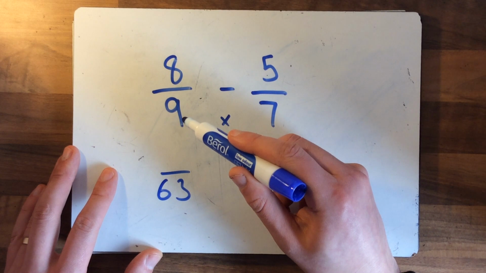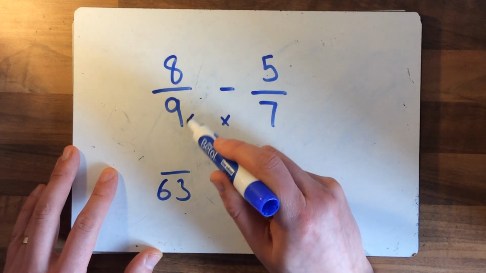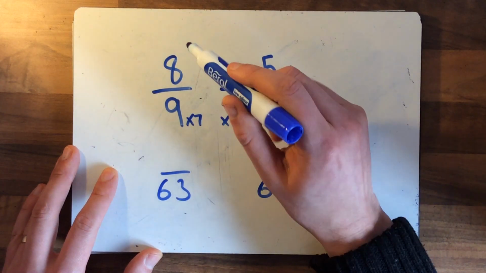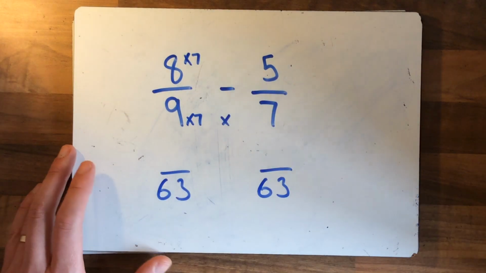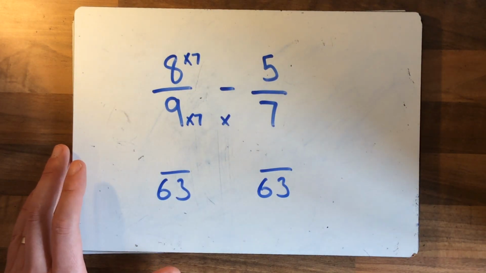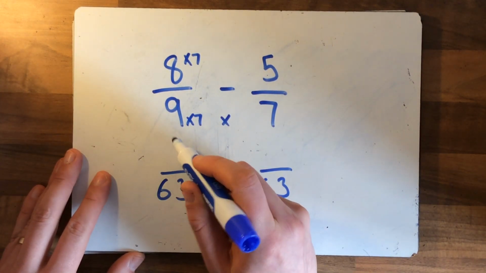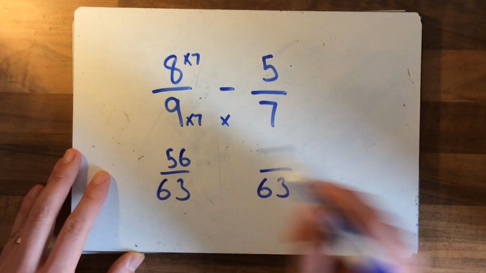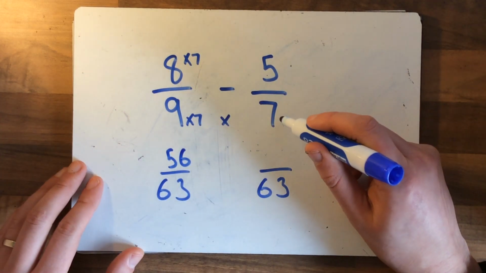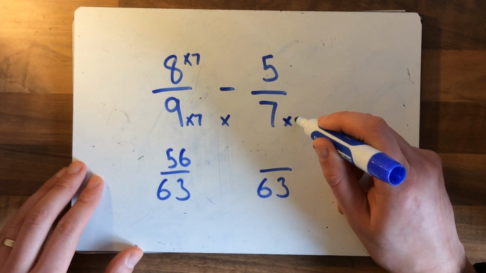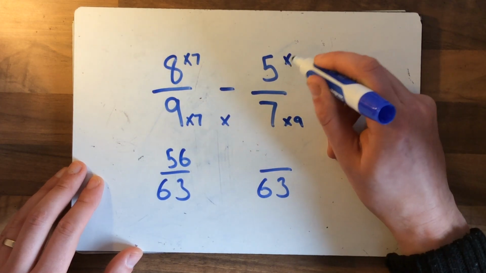So I've had to times 9 by 7, haven't I, to turn it into 63. So I need to do the same to the numerator to get us to 56. I've had to times this 7 by 9 to turn it into 63.